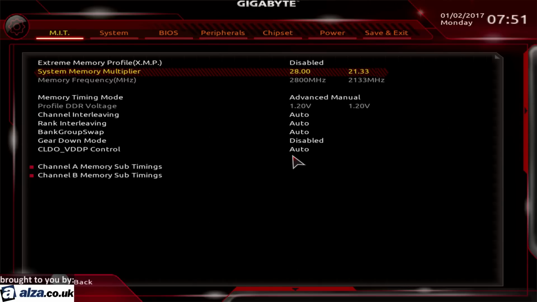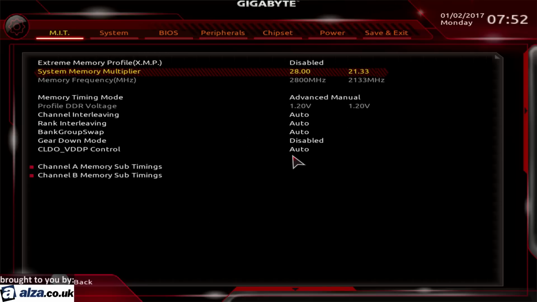But we're going to start off at 2933 for now, because even on high-capacity configurations and a ton of RAM, like 32 gigs, it shouldn't have too much trouble posting. So we're going to start at 2933. Though depending on your memory kit, you might want to start lower. I have one memory kit that didn't really work above 2400 either. So in those cases, you might actually want to start at 2666.